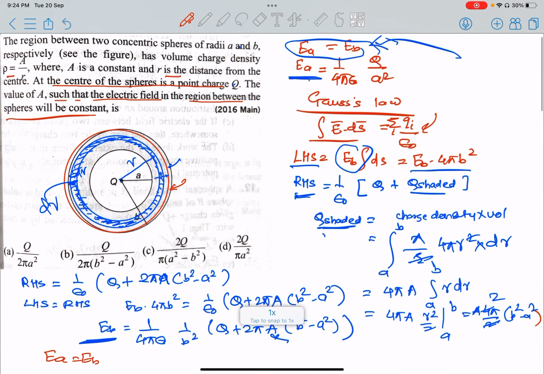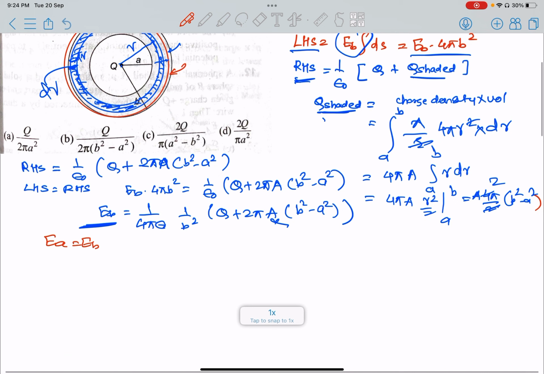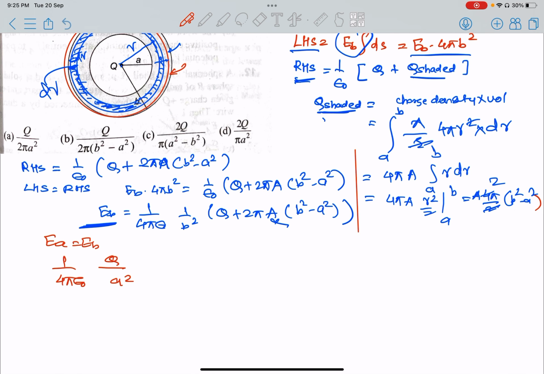What was EA? 1 upon 4 pi epsilon naught Q upon a squared, is equal to EB, which is this whole expression: 1 upon 4 pi epsilon naught, 1 upon b squared, Q plus 2 pi A times b squared minus a squared. The 1 upon 4 pi epsilon naught gets cancelled, and we'll simplify it further.